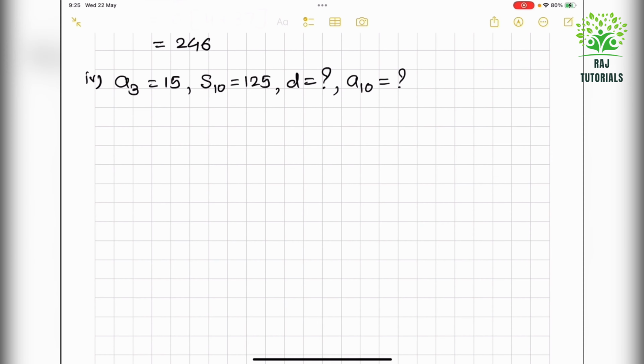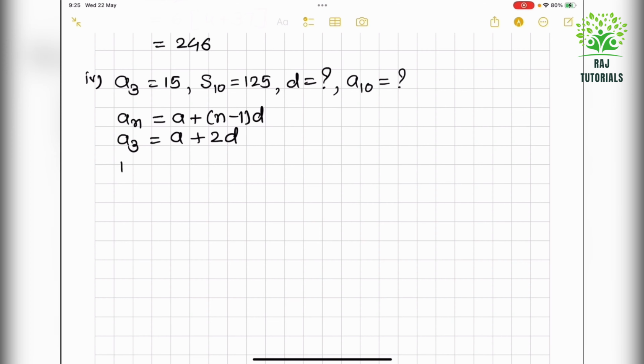Now next is A3 equal to 15, S10 equal to 125, D equal to question mark, A10 equal to question mark. So here again first I will be using the formula An equal to A plus n minus 1 D. So A3 equal to A plus 2D.